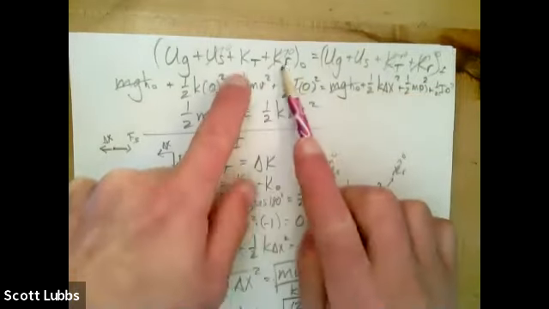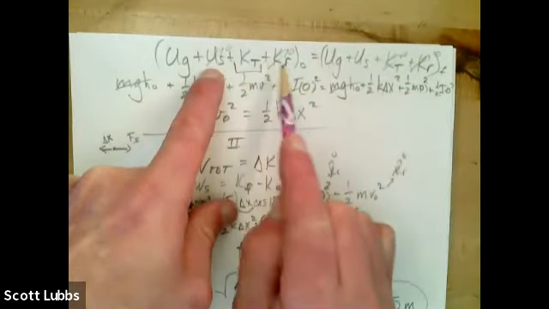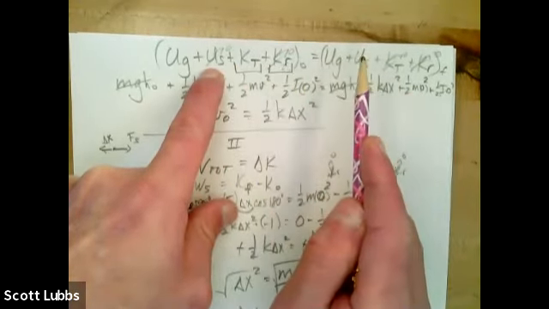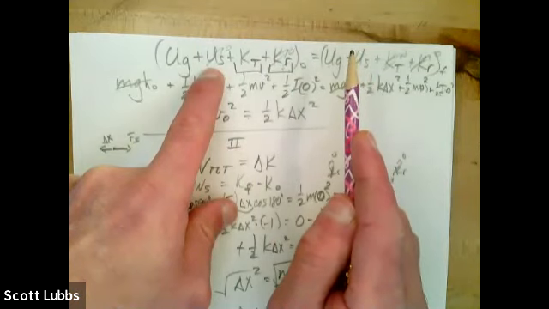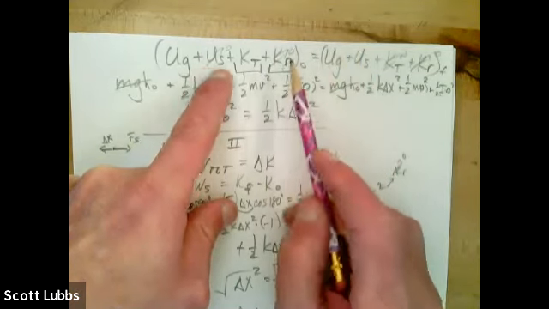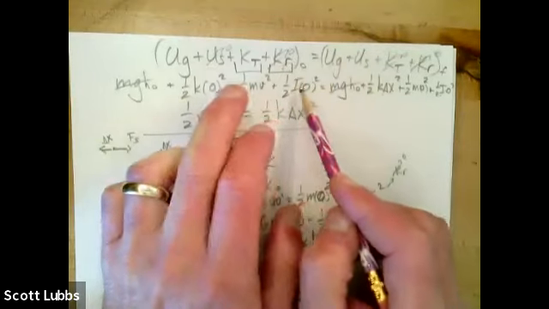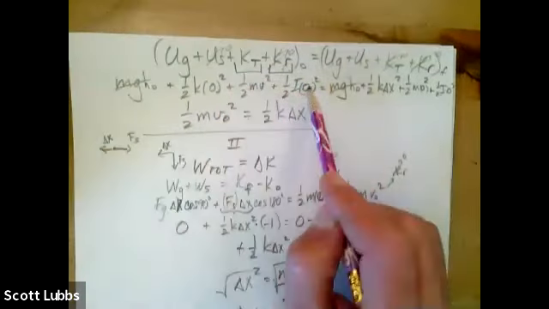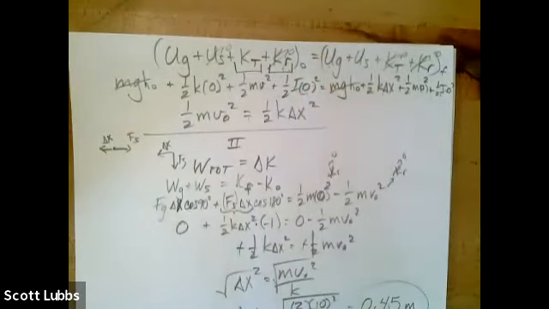If I have a rolling ball, it has this and this. If the ball had the same amount of total energy, it would be moving less, but the sum of these two would be the same.